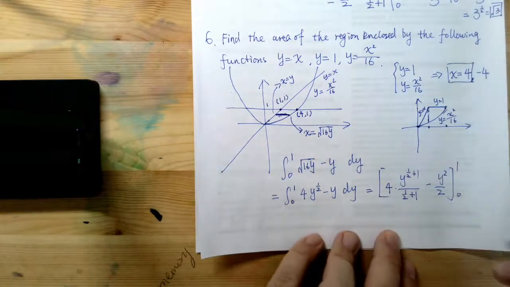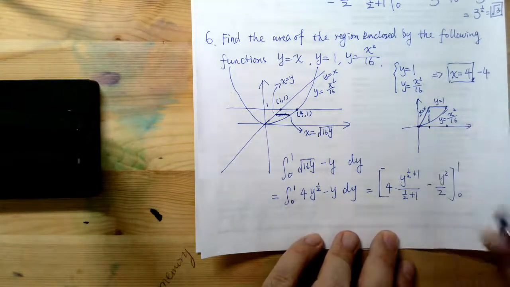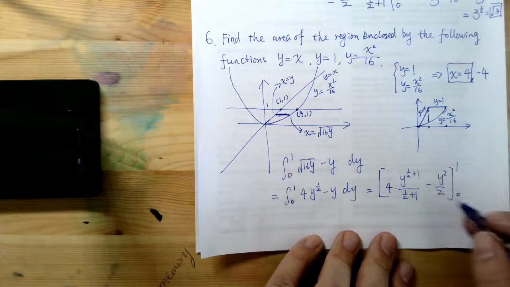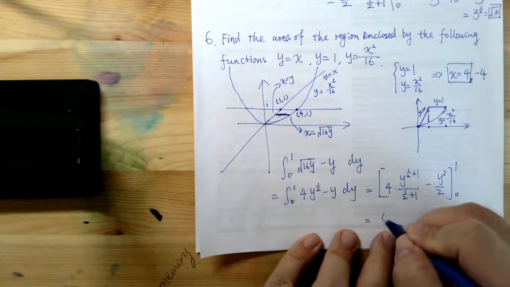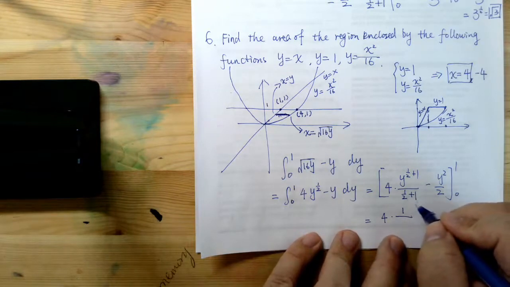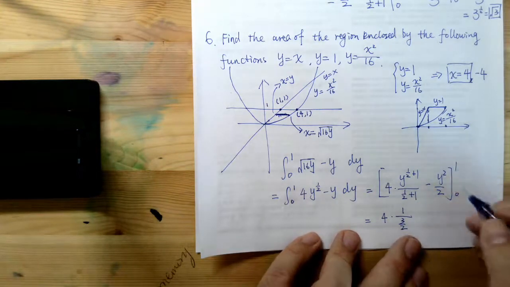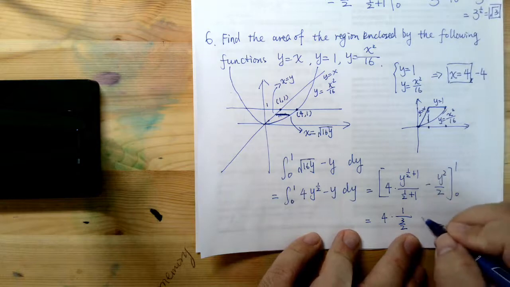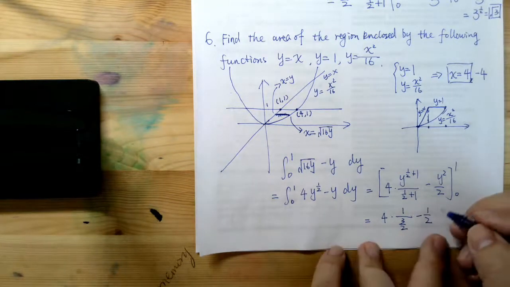And then of course from 0 to 1. It turns out that if you plug in 0, this part is all 0, so all we need to do is evaluate at 1. That is 4 times 1 over half plus 1, which is 3 over 2, and then minus 1 over 2.